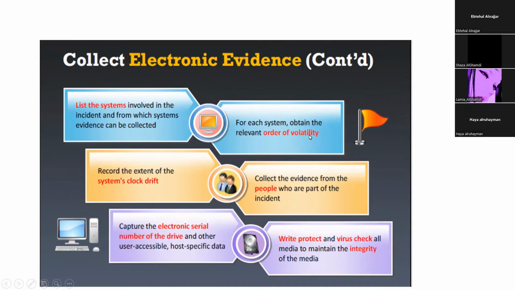We'll talk about the order of volatility in a second, but it means that some of the data from this system is volatile. It can disappear once the system is shut down or rebooted, and some of it is not going to change if we restarted, rebooted, or even disconnected the network.